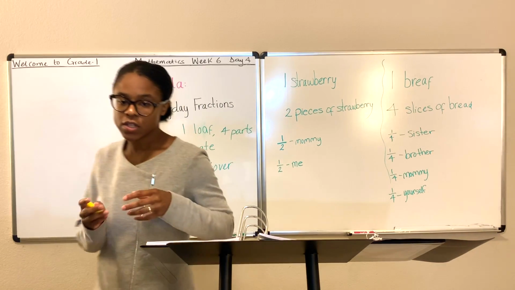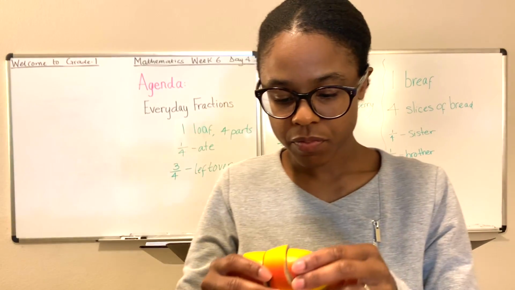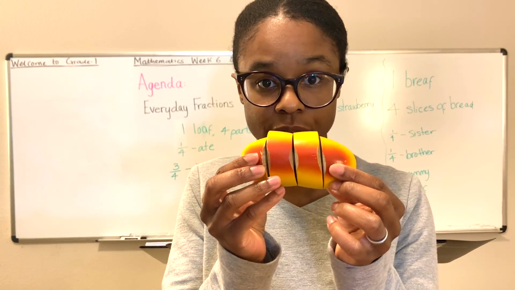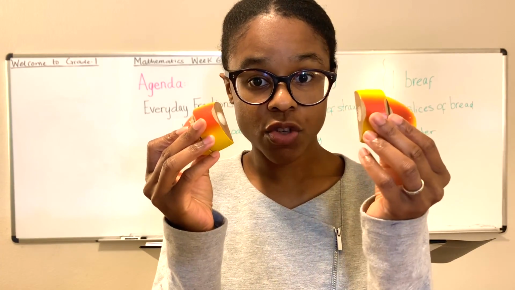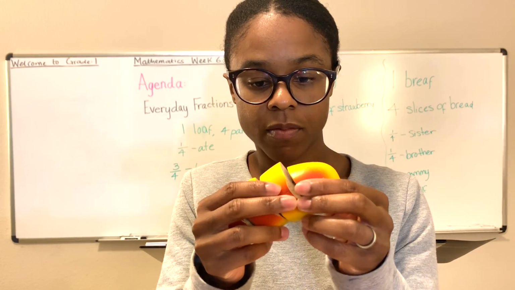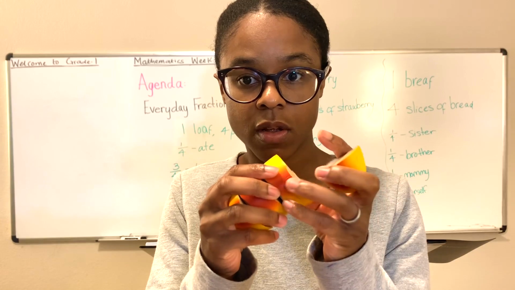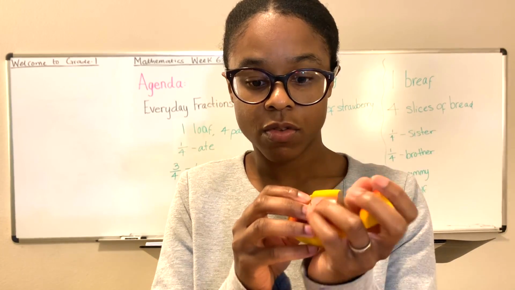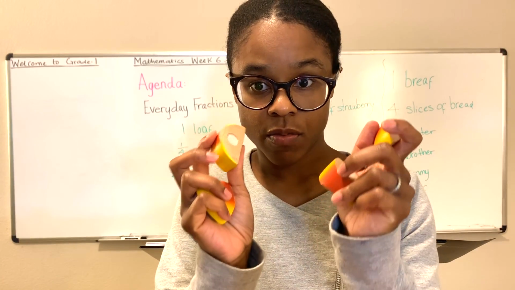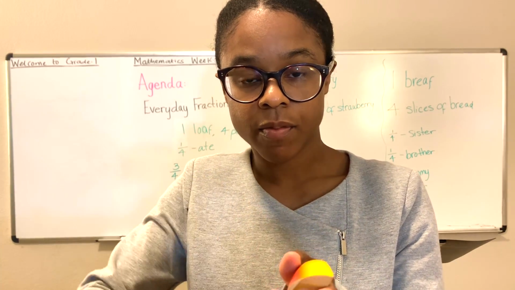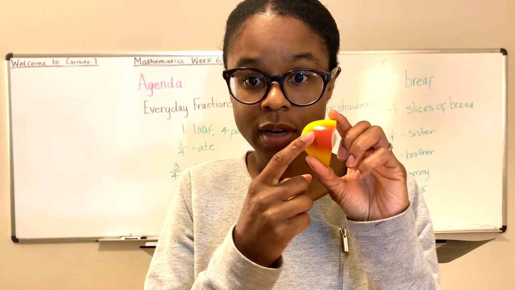So if you were to put it all together really quickly, you'd have 1 whole loaf, 2 halves, 1, 2, 3, 4 parts, 1 out of 4.